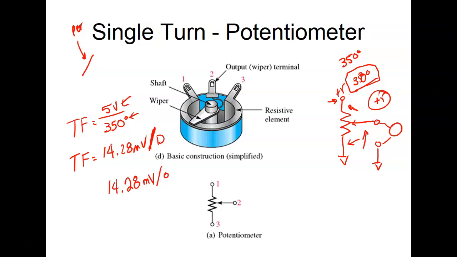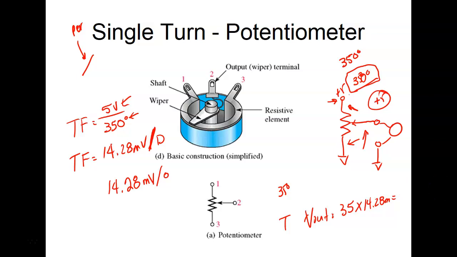So what would I expect my meter to measure if I set it at 35 degrees? What would I expect it to measure? I'd say my output would be equal to 35 times my volts per degree, 14.28 milli, and that would tell me exactly what I should measure on the output of that pot.